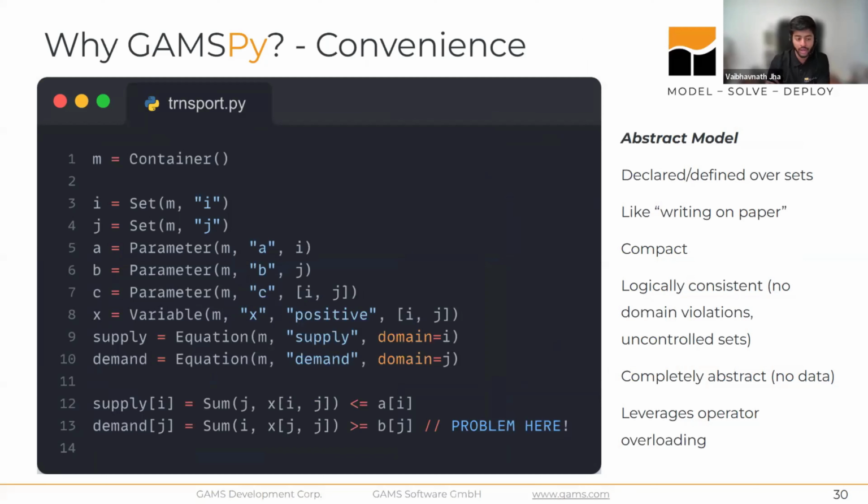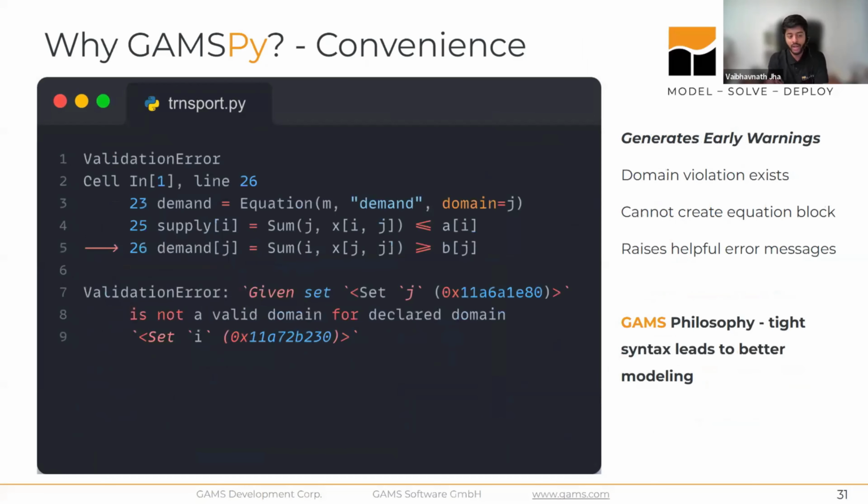There can be no domain violation. And since on line 13 there is a violation, GAMSPy just generates a validation error early on with a helpful error message specifying that you should not use set j at that location and just use set i, because that's the declared domain for that variable. And that's the GAMS philosophy in a nutshell. Tight syntax leads to better modeling.